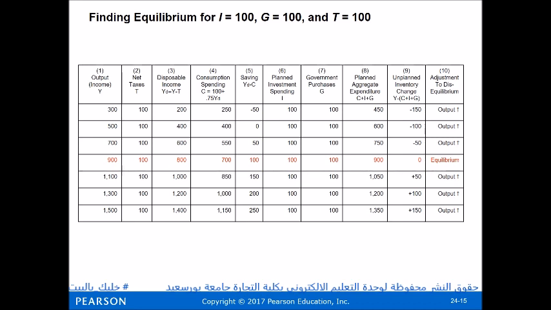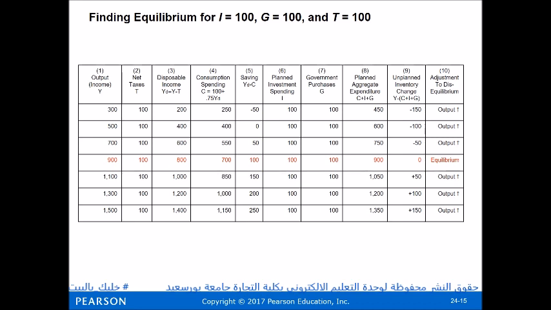So we see the value of G is the same, 100, at the different levels of disposable income and before-tax income. Column 8 gives us the value of planned aggregate expenditure, or AE, as the sum of consumption C, planned investment I, and finally government purchases or expenditure G.